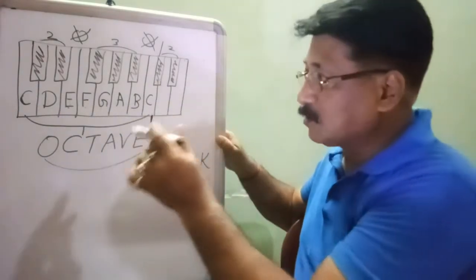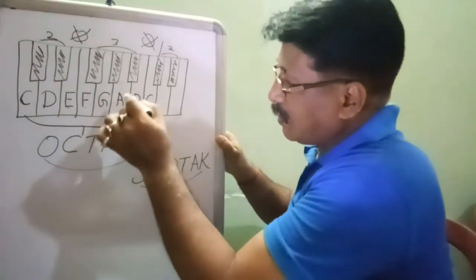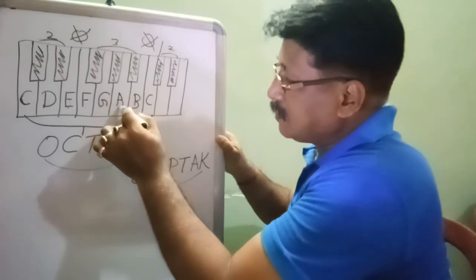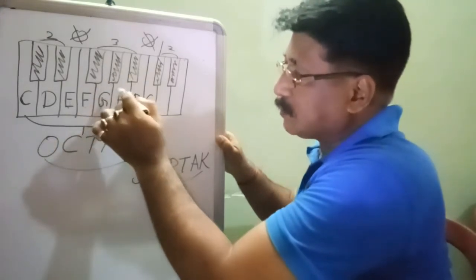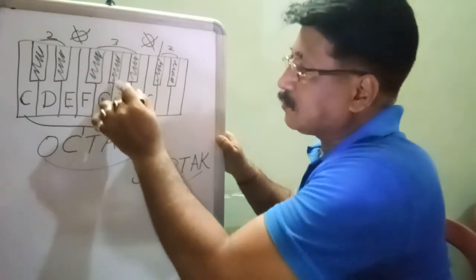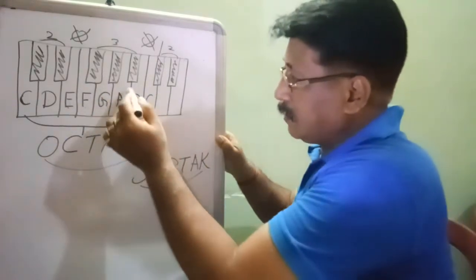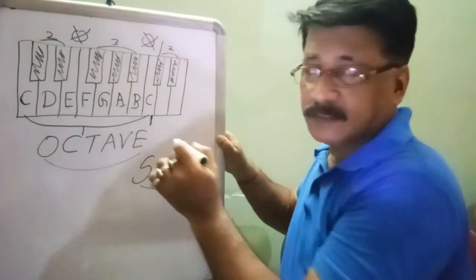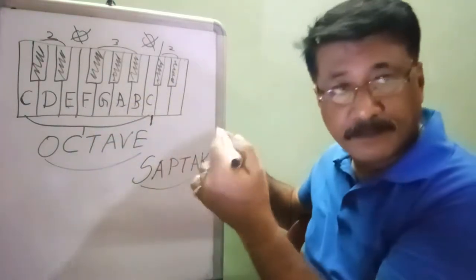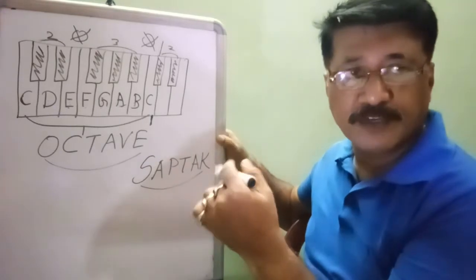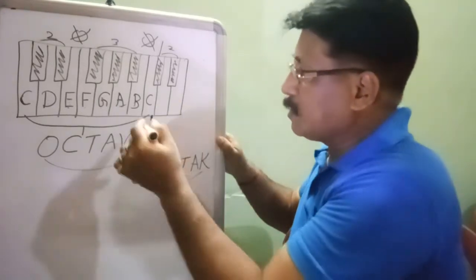In Indian classical, Pa is Pa. Then I will come to the Dha. A is Dha. This G sharp will be considered as Komal Dha in Indian classical music. This A sharp is considered as Komal Ni, or B flat. The term B flat is common in Western music, you will come to know.